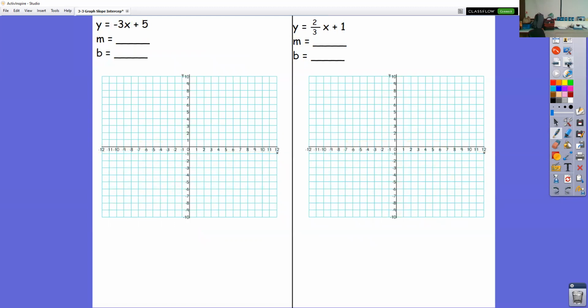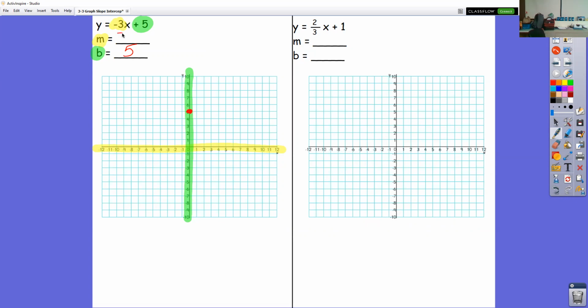Okay, let's try another example. Highlight your slope. Okay, so it crosses the y-axis at +5.